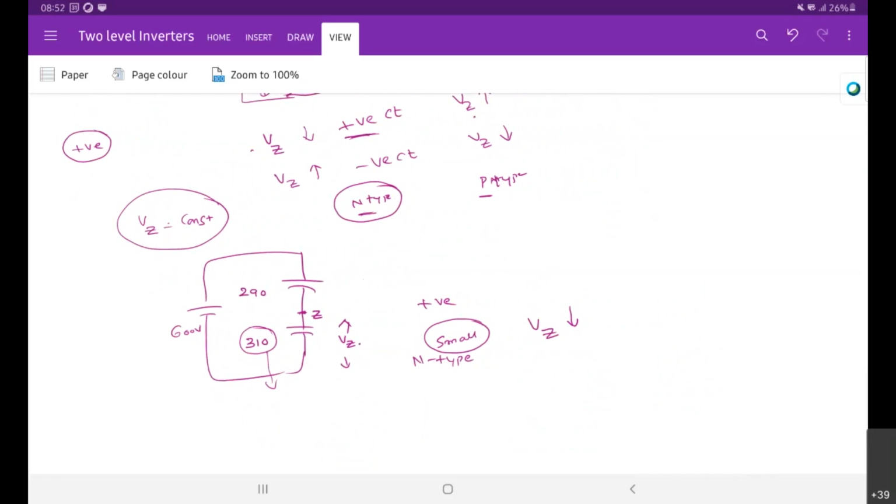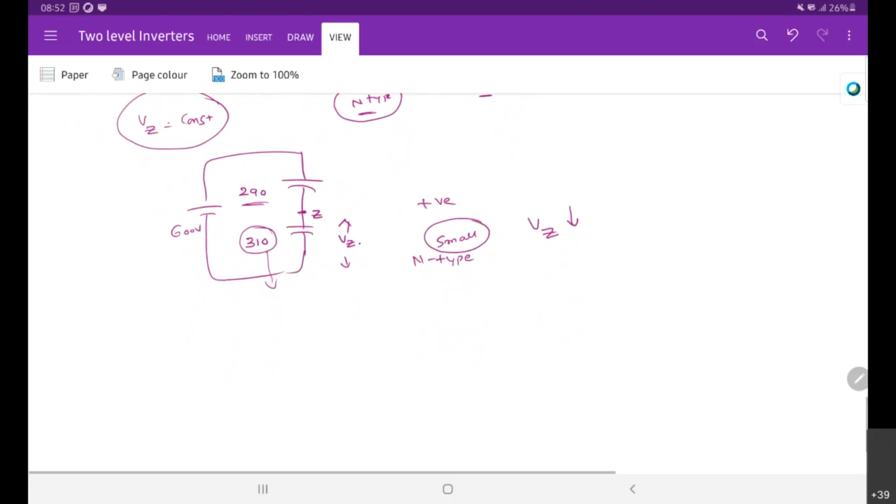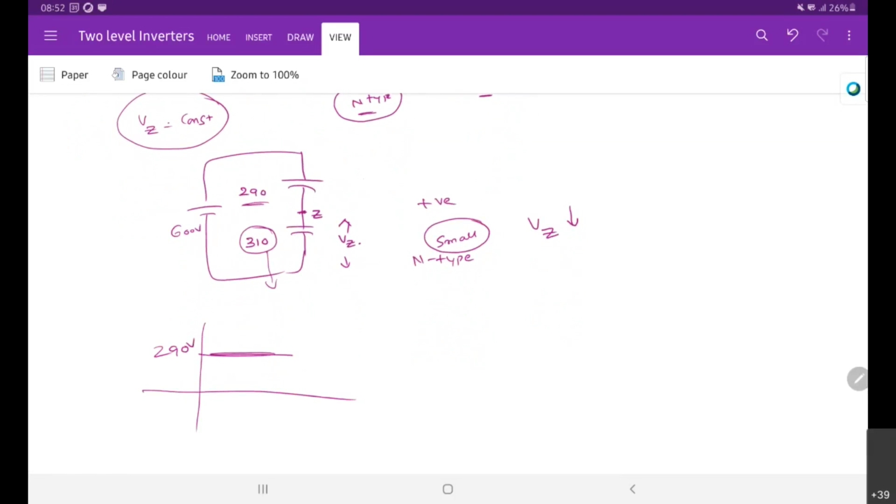So this is where we use the P type and N type small vectors in the space vector diagram. The idea of using P type and N type is to balance these two capacitor voltages. If these two capacitors are not equal, this positive one will produce 290 volts and this negative one will produce 310 volts, so you will get some DC offset.